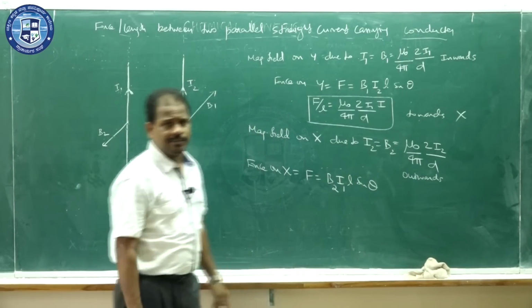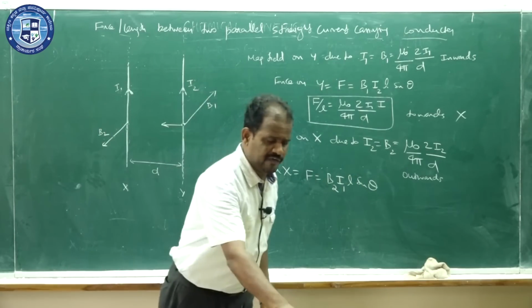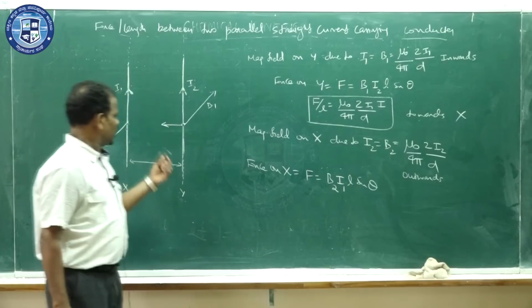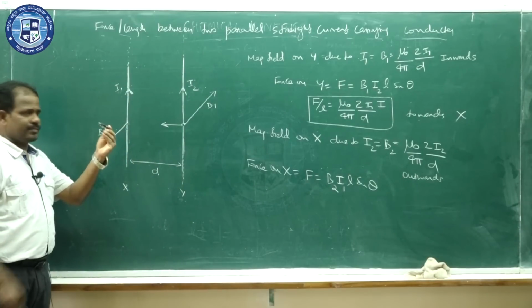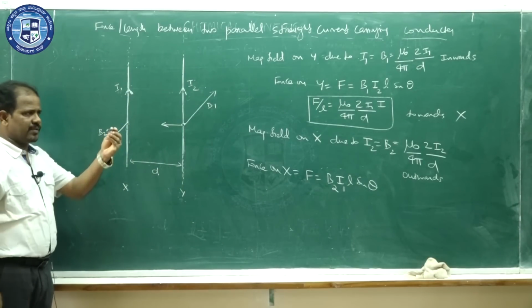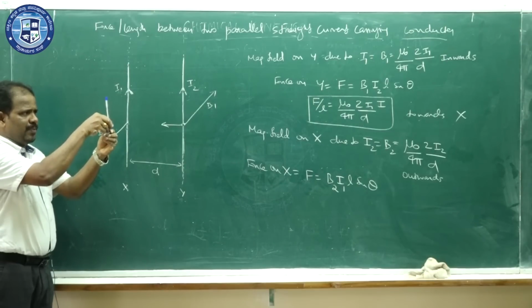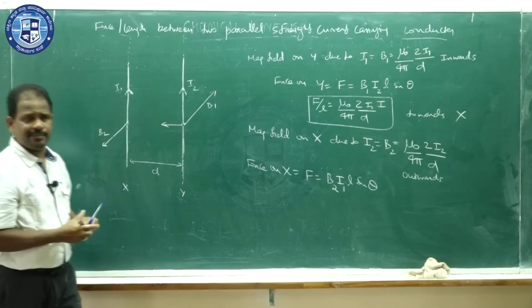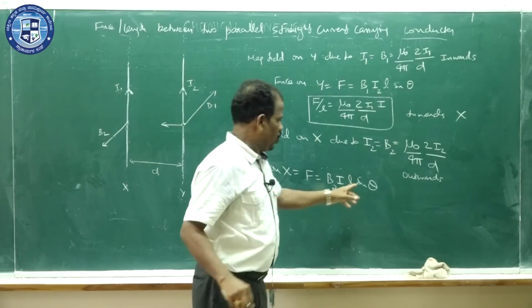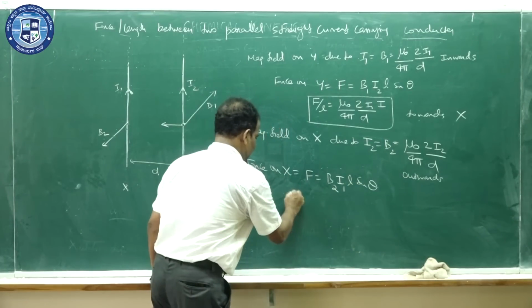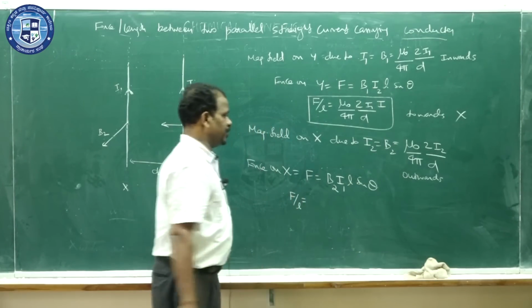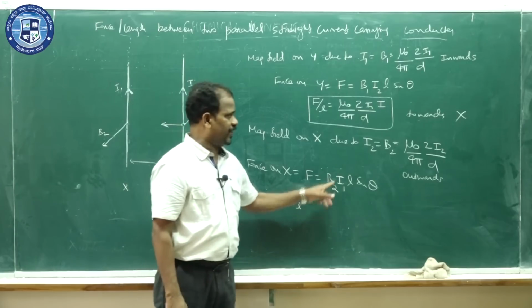Sin theta, what is theta? Theta is the angle. The magnetic field is towards you, it is outwards. Current is going vertically up. So what is the angle? It is 90 degrees. So sin 90 is 1. Therefore F by L is equal to B2 into I1. What is B2?